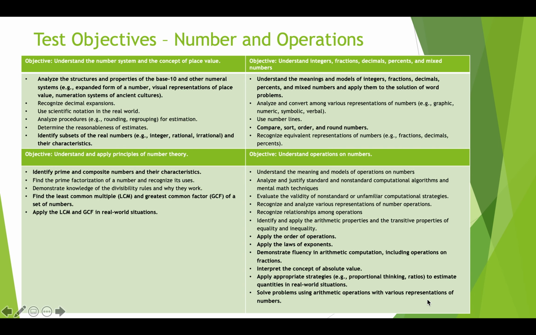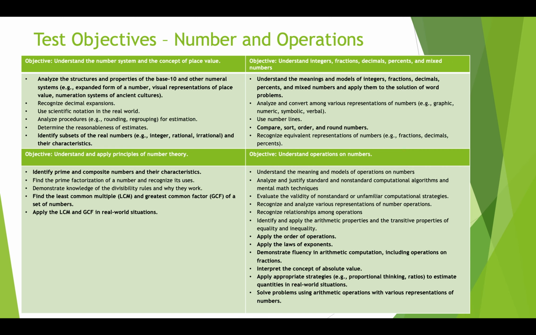So for the number and operations sub area, there are 4 objectives that they're looking at. The objectives are written in white, so I'm going to read each objective and then explain what some of the questions might look like. So the first one is understand the number system and the concept of place value. So you might be asked to analyze the structures and properties of the base 10 models.